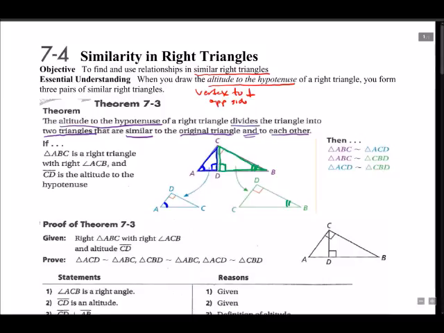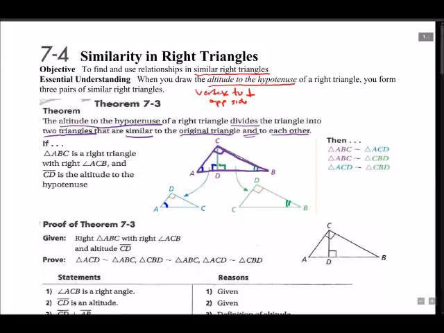So now I'm going to erase here. Here's our shared angle A and this right angle. Here's our shared angle B and this right angle. And here is our original triangle with its right angle. Now, what do you notice between the purple triangle and the blue triangle?